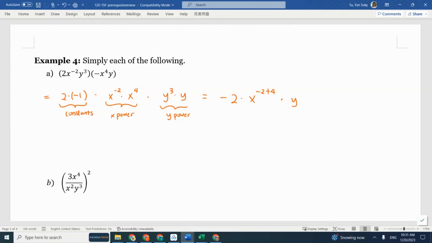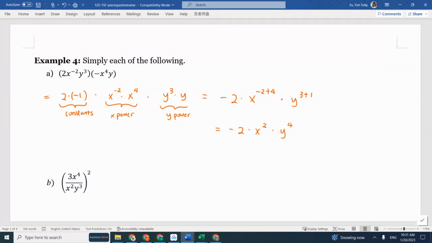And here, what do you do? 3 plus 1, right? -2 plus 4 is 2, so x squared, right? And then y to the 4. Right, everybody? Okay, keep going.